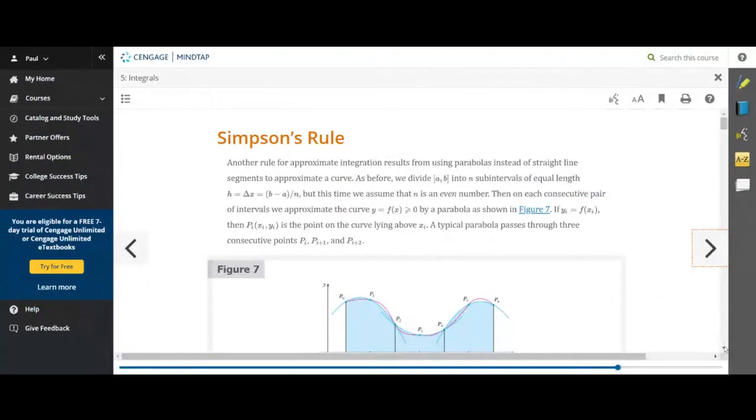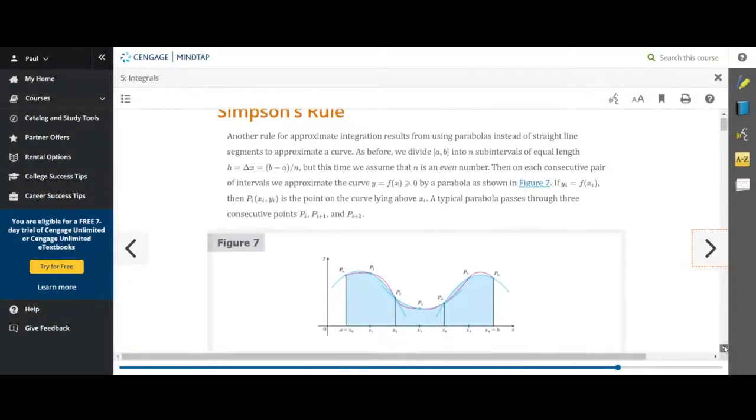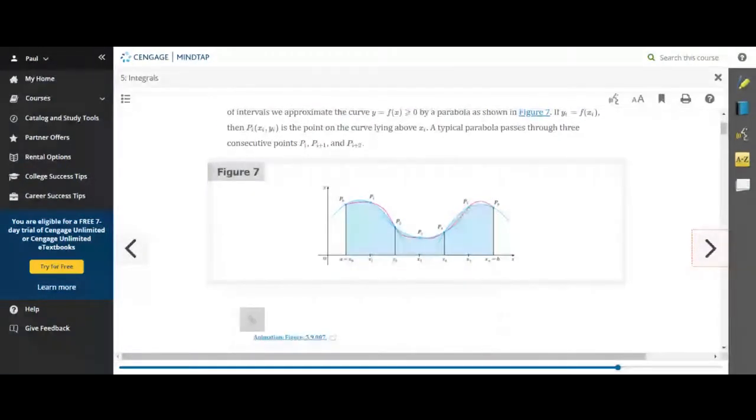Oh, by the way, there's something called Simpson's rule. I should mention that. This is yet another way to approximate an integral. Instead of using rectangles or trapezoids, you use parabolas. In figure 7, they have a curve with 3 subintervals.